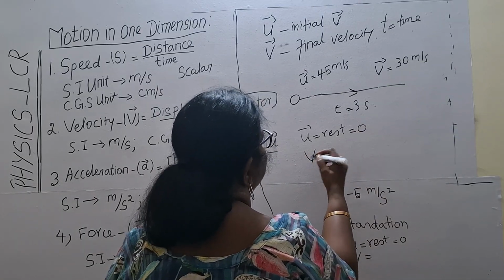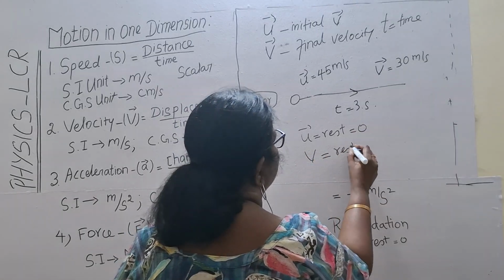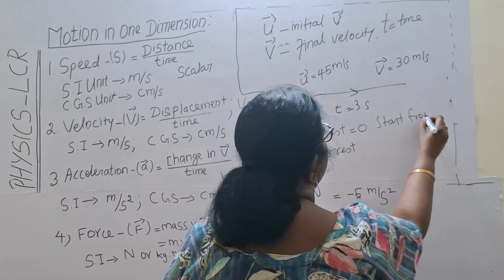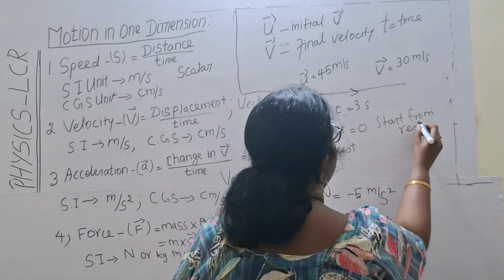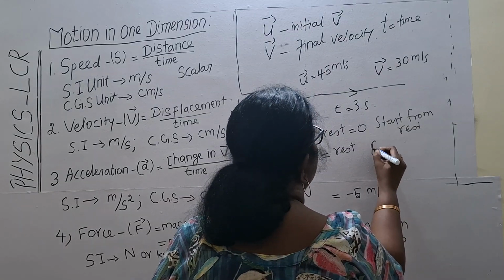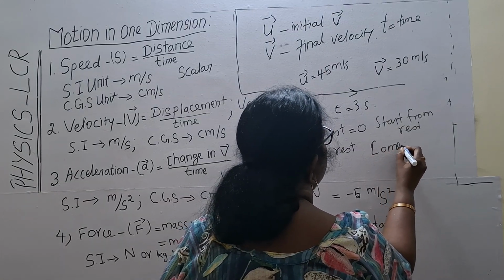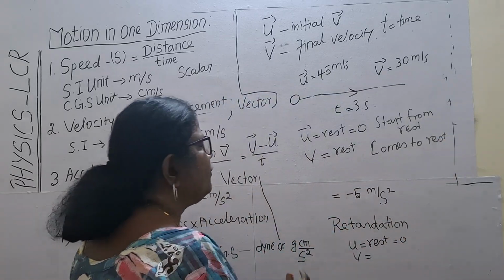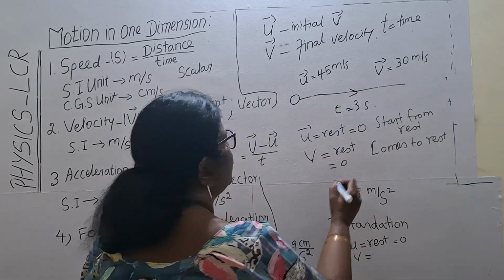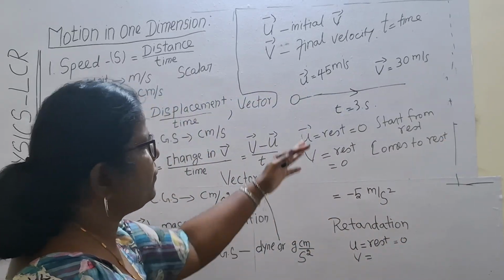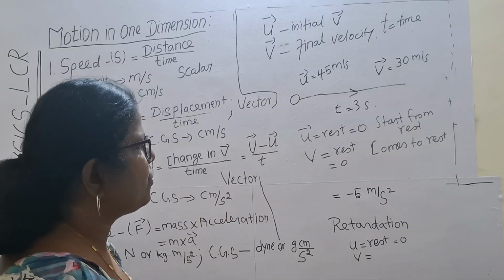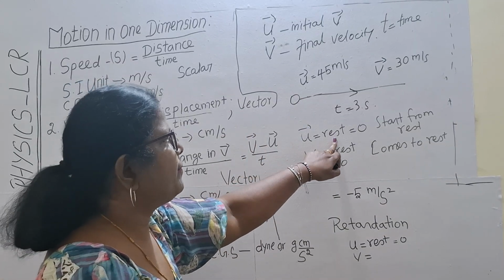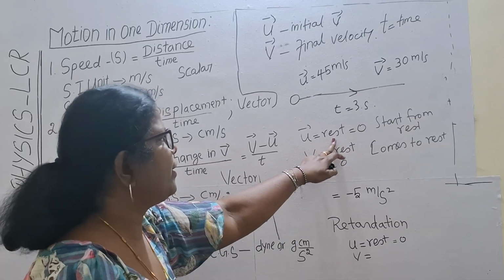Body comes to rest, V equal to 0. The same formula applies. When the body starts from rest, it will become a positive value.